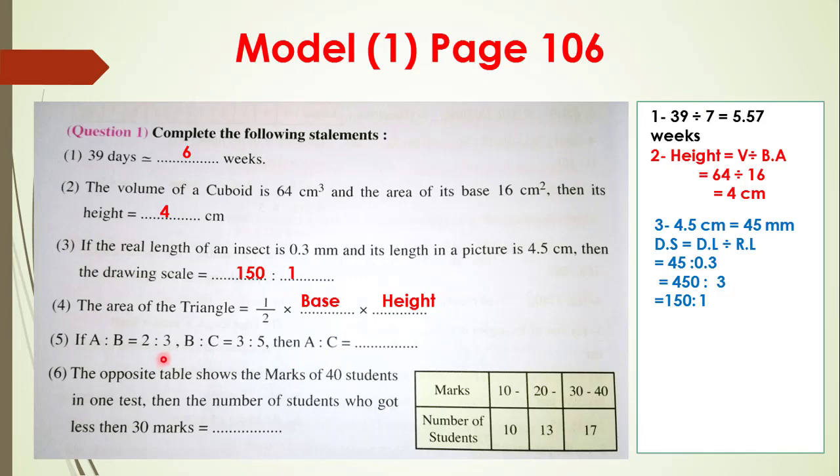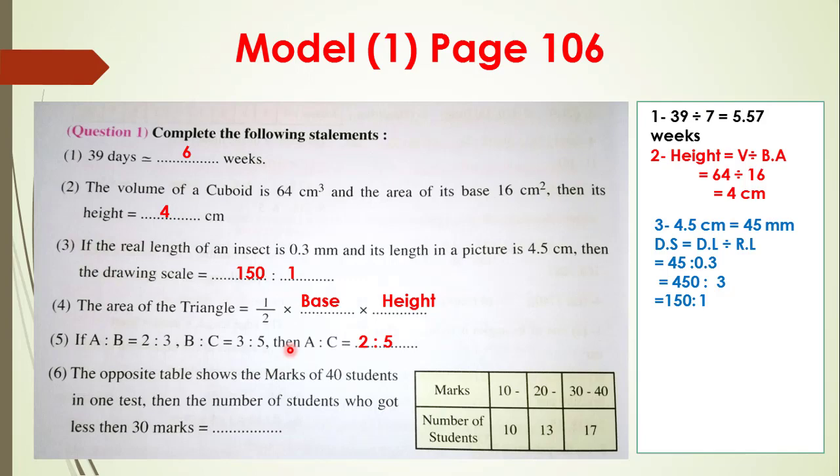Here we have 2 to 3 and 3 to 5, so the middle term is the same. I'll cancel 3 with 3. Then A to C equals 2 to 5. It's very easy.